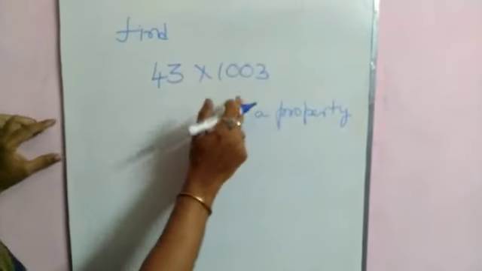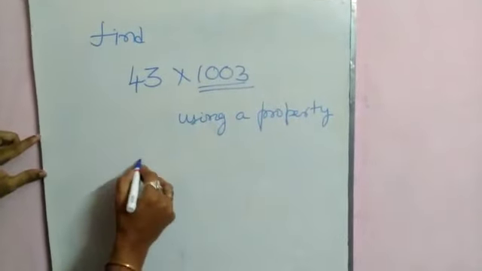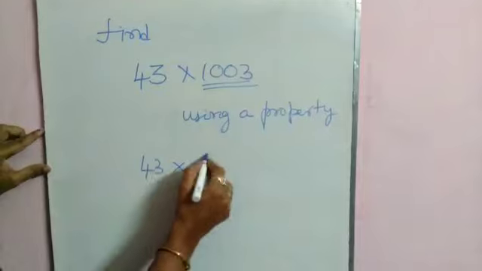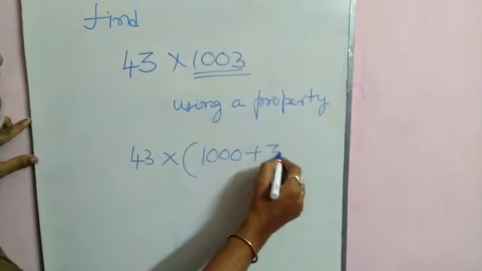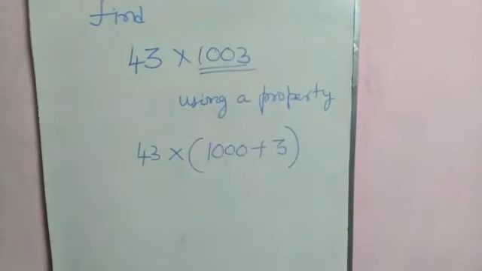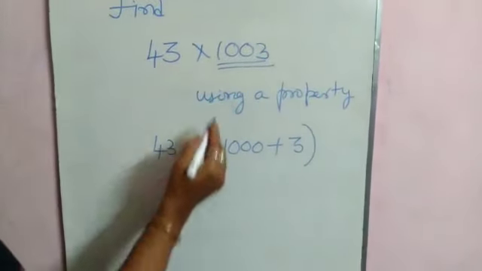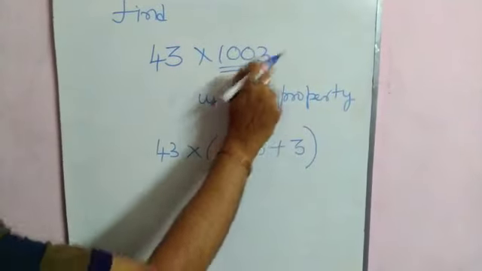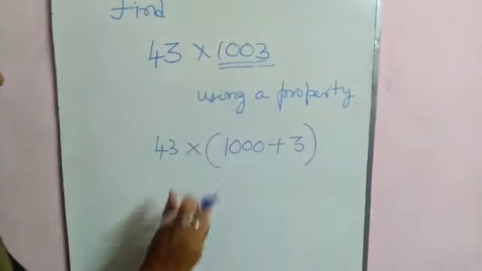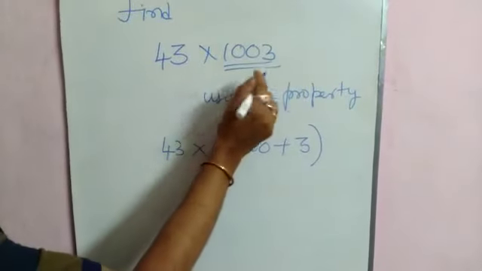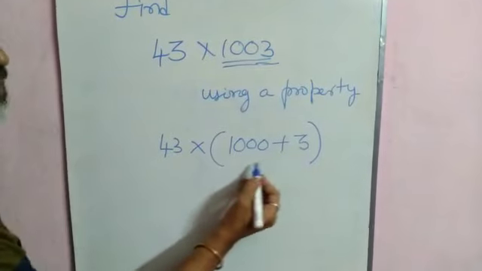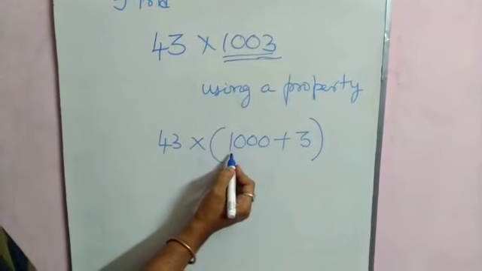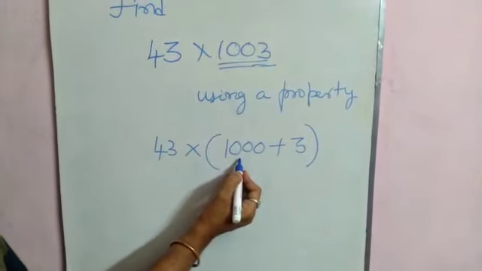Concentrate on the number 1003. This number is 3 more than 1000. If I multiply 43 into 1003, it takes a lot of time. Now we have to simplify this in a very easy way. So I am breaking up this big number into two small numbers, 1000 and 3. Why? Because multiplication with 1000 is very easy.